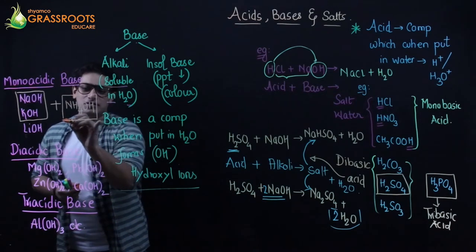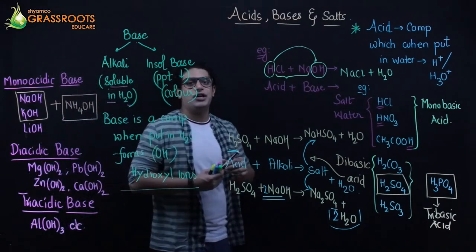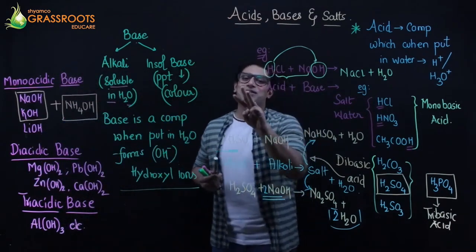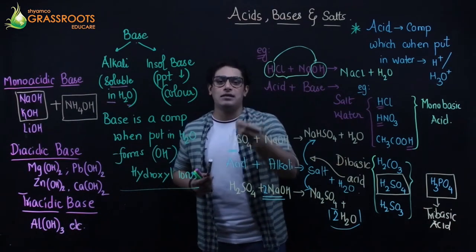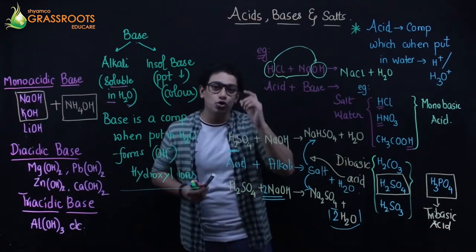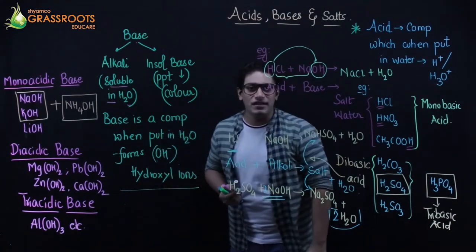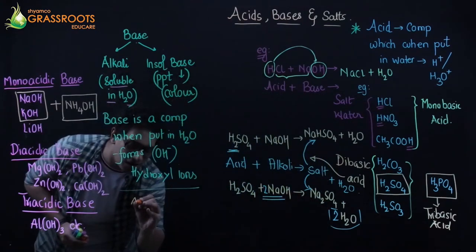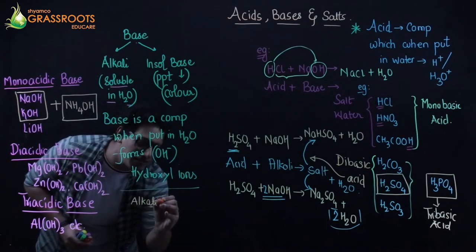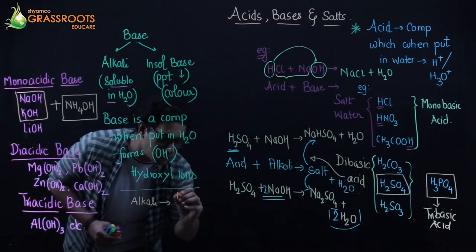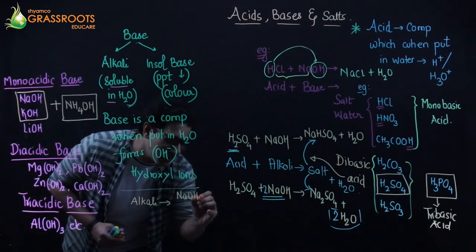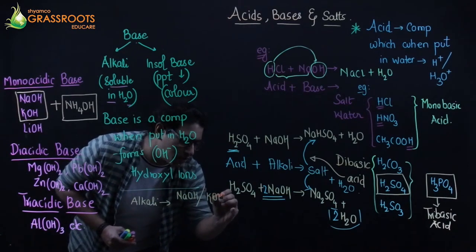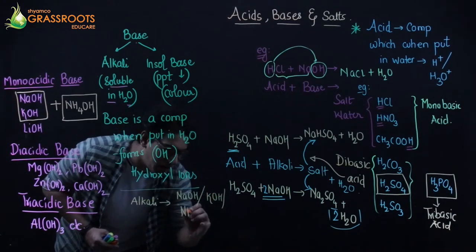Restricted to our syllabus, we have three substances which act as alkalis because they are water soluble and colorless. They will give a colorless solution. So which are the three of them? Please learn by heart. Three come under alkali: sodium hydroxide, potassium hydroxide, and ammonium hydroxide.